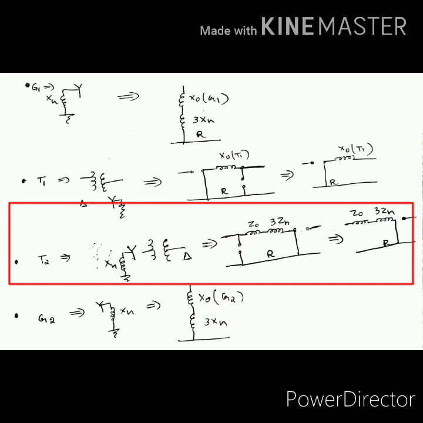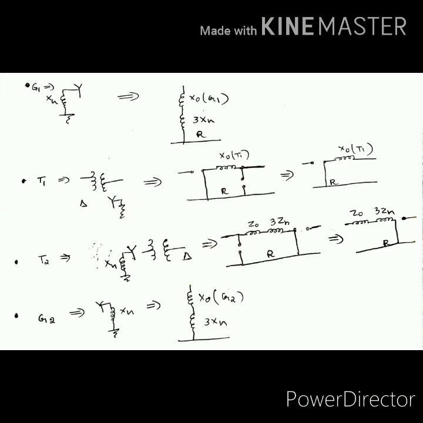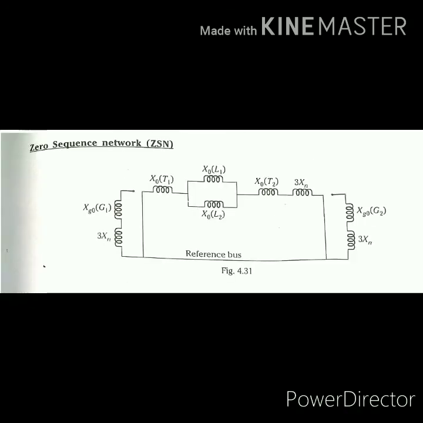Along with that, you should also mark 3 times Xn because neutral is grounded through a reactance Xn. Again, that transformer also has to be connected to a common reference bus. And finally, you have a generator G2 whose neutral is grounded through Xn. So you have X0 of G2 along with a series reactance 3Xn. Combine all this, follow the shape of the power system given in the question and draw the final zero sequence network.